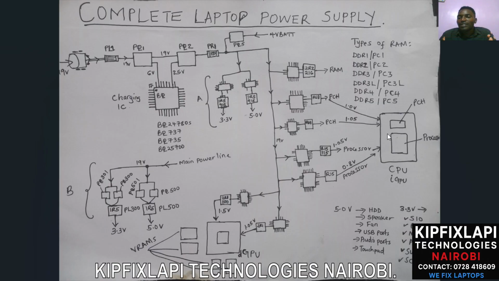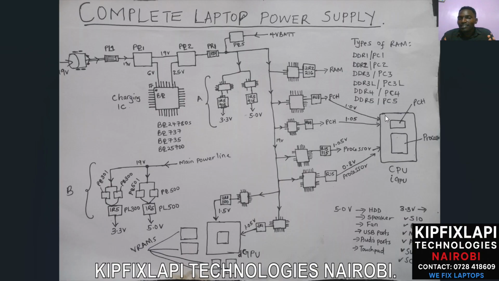That's why we need so many voltages within that CPU, because there are so many activities happening there. There are so many other components within the CPU which need different types of voltages. That's why we'll have several voltages going towards this CPU. For the PCH, we will have the north bridge and the south bridge.